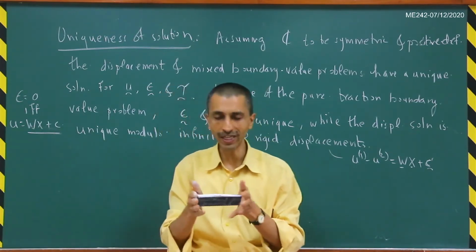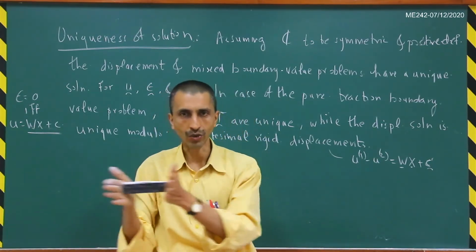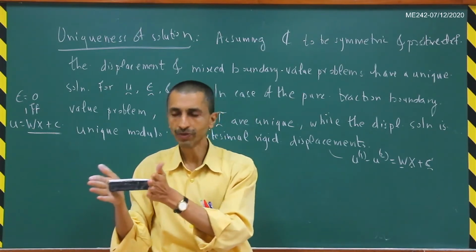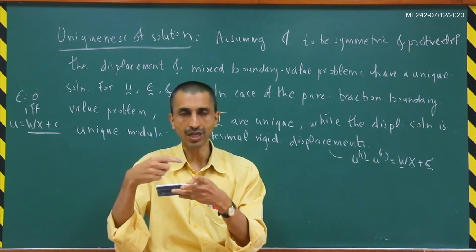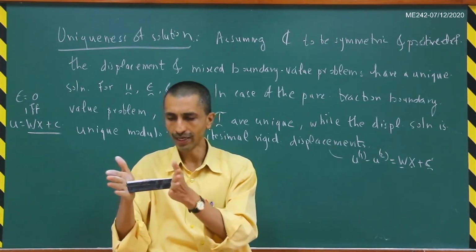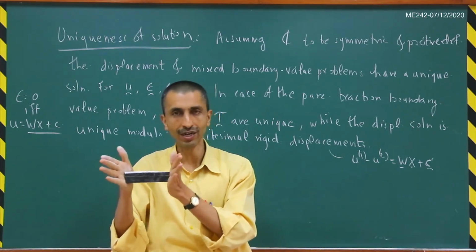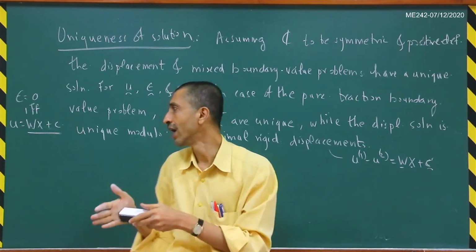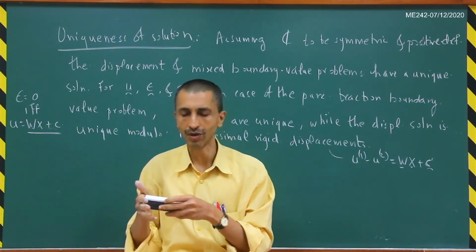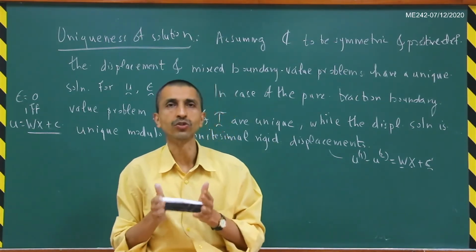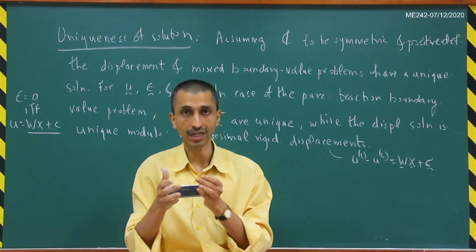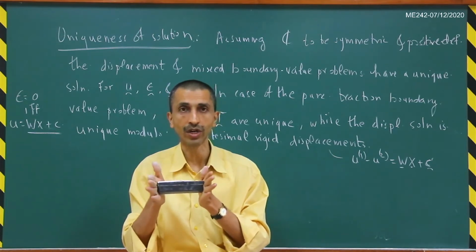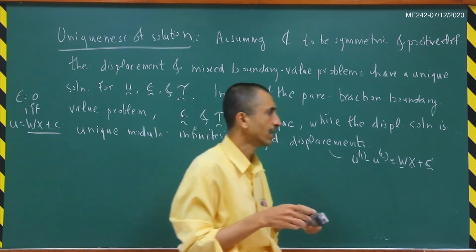So the displacements now you can see are not unique, right? I can just move this whole body, right? And it's a pure traction boundary value problem because the tractions on these lateral surfaces are 0, and on the left and the right faces I am applying some tractions. As you can see, the displacement is not unique, but the strains and stresses that are generated within this particular body are unique. Okay, so I think I have explained it.